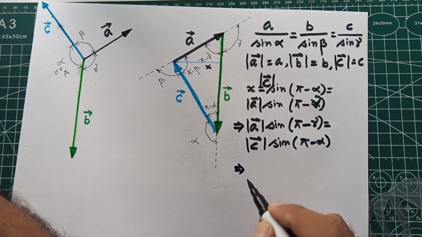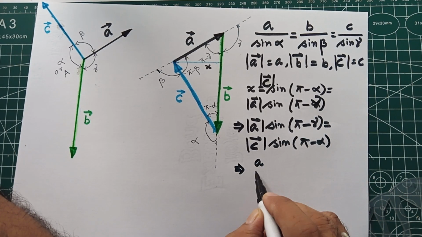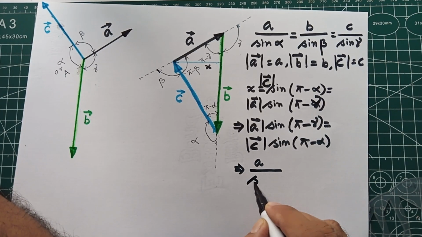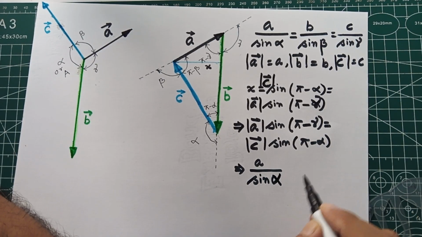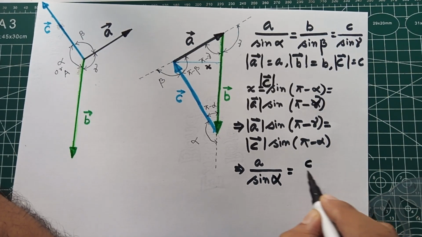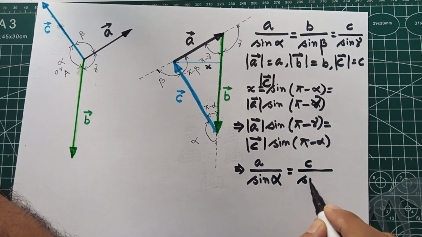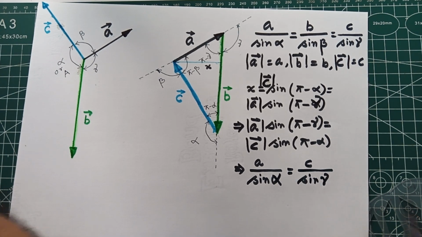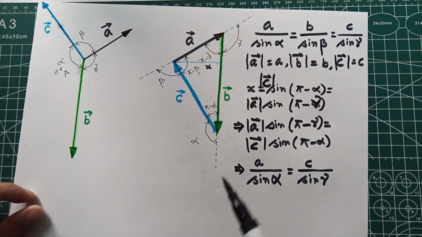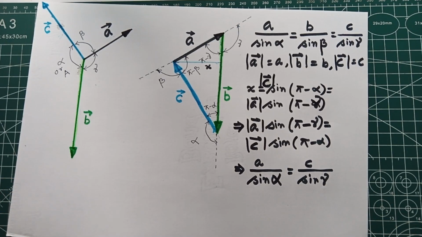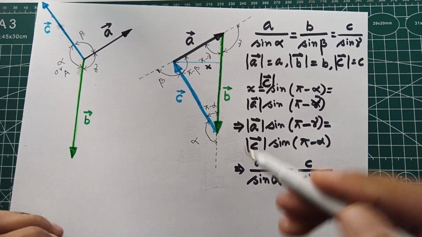Therefore we can write that a by sine alpha, since sine pi minus alpha is the same as sine alpha, is equal to c by sine gamma, because sine of pi minus gamma is sine gamma. In the same way you can show it for the other.